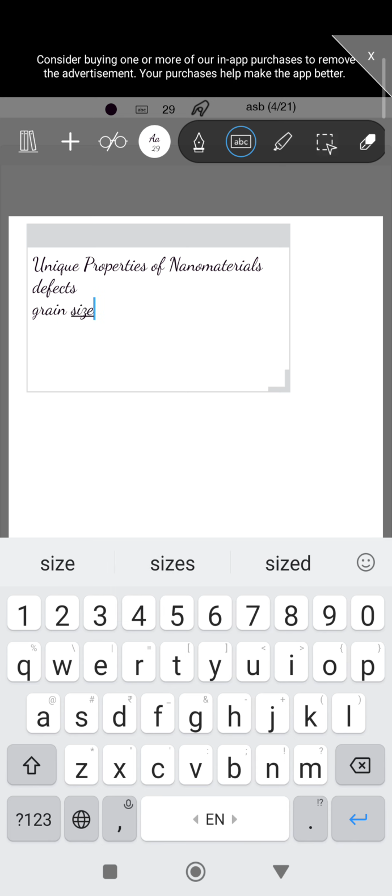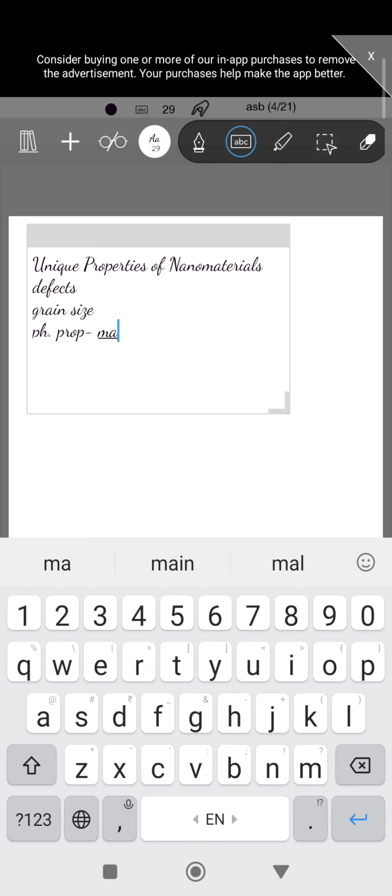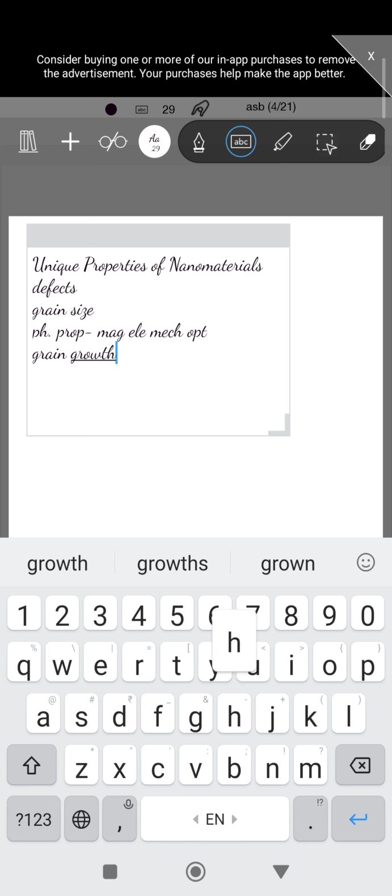Grain size is important, then the different physical properties like magnetic, electrical, mechanical, optical properties, how they are related to this grain size, and then we will discuss the grain growth behavior under the conditions in which this grain grows.